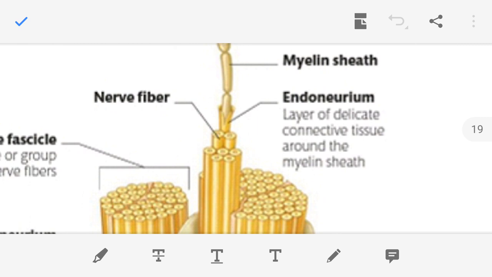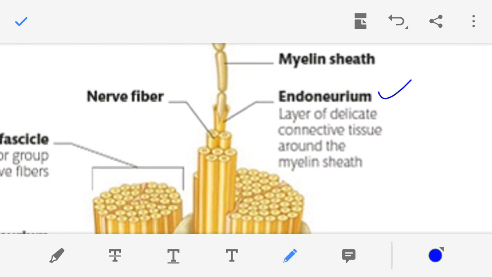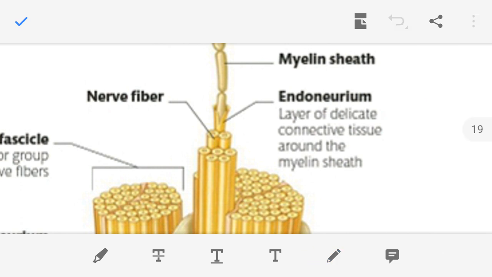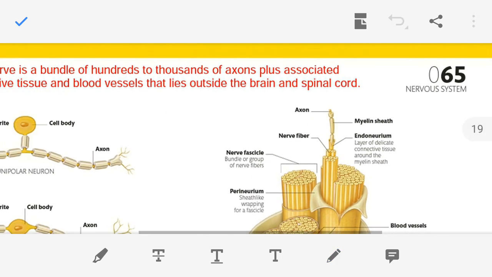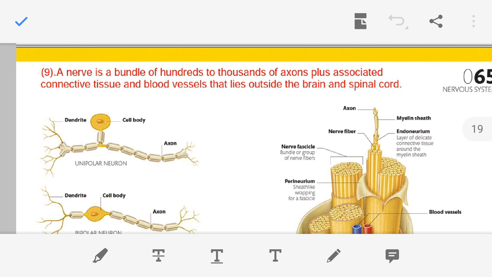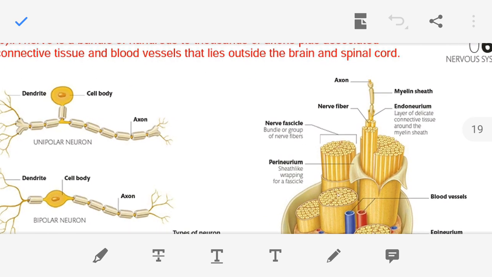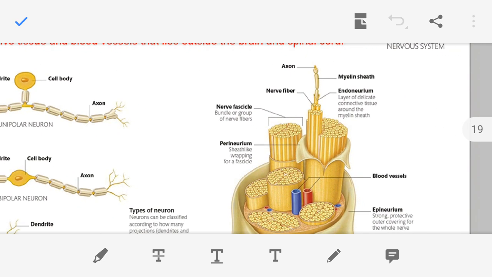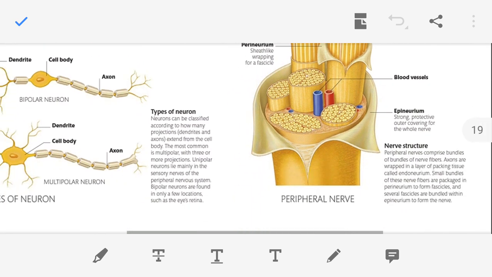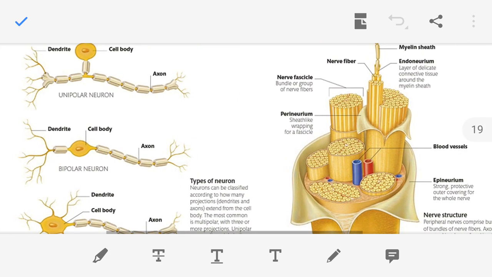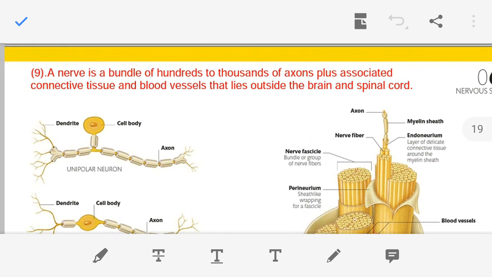Then what is endoneurium? A layer of delicate connective tissue around the myelin sheath. Endoneurium. So this is the structure of nerve. With this we have completed the 9th point.